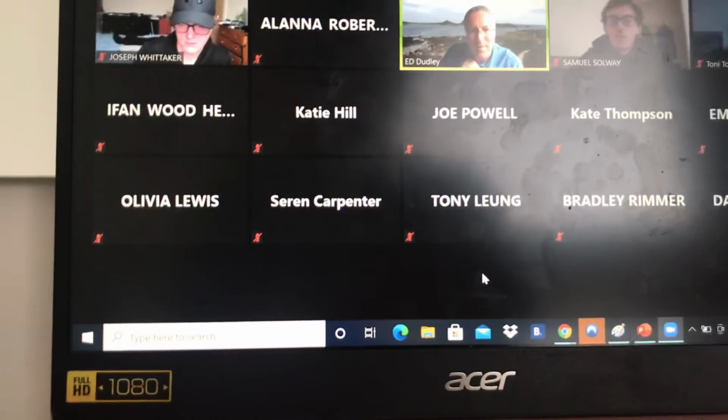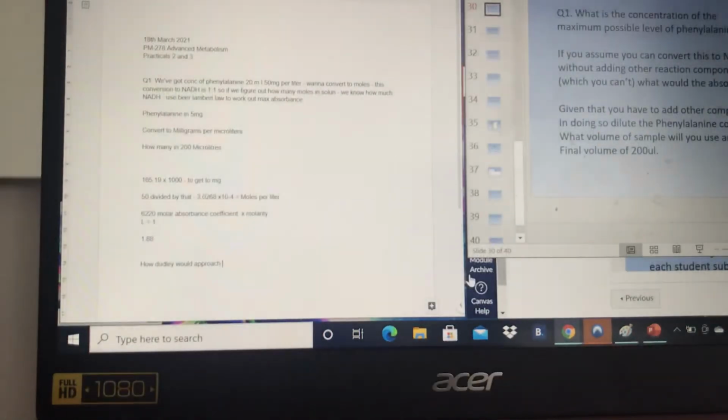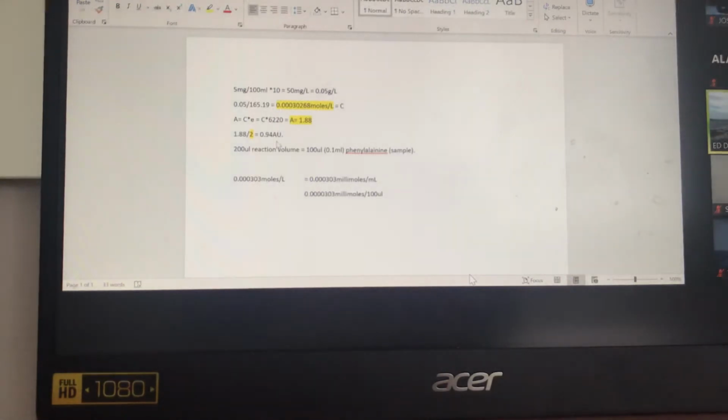Okay. So, does that make sense? This is our concentration, maximum concentration of phenylalanine, because we worked it out up here. Convert that to millimoles per milliliter, and then millimoles per 100 microliters, which is a tenth. And then just because I don't like numbers with lots of zeros in, I'm going to convert them from millimoles to micromoles.